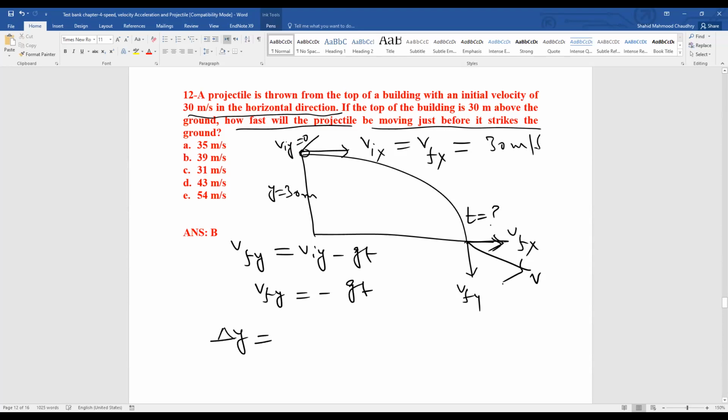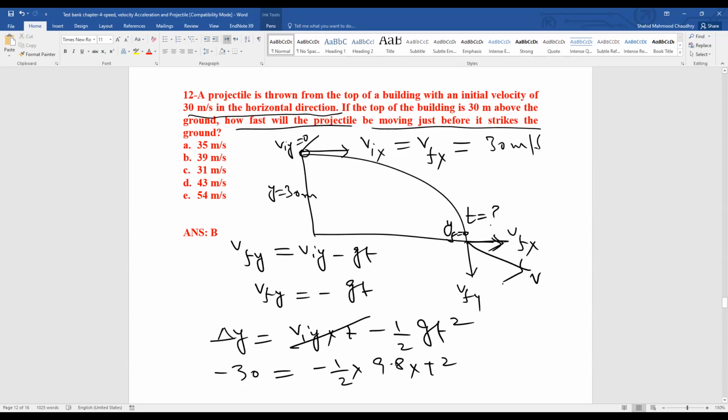Again, apply the formula delta y is equal to Vi of y into t minus 1 over 2 gt square. Delta y means here y final is 0. So 0 minus 30 is equal to Vi of y, which is 0, so this will be 0 minus 1 over 2 into 9.8 into t square. Now you can solve this one for the time.